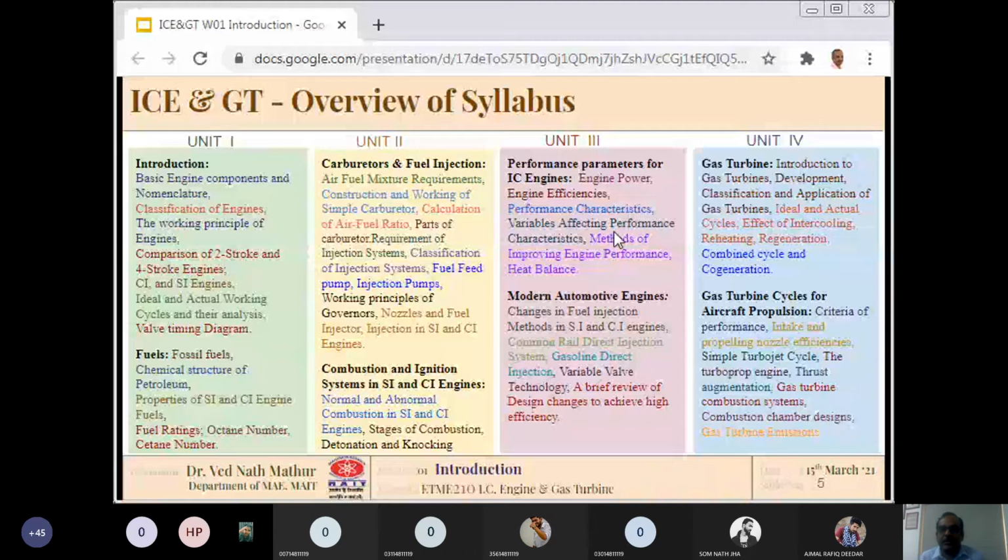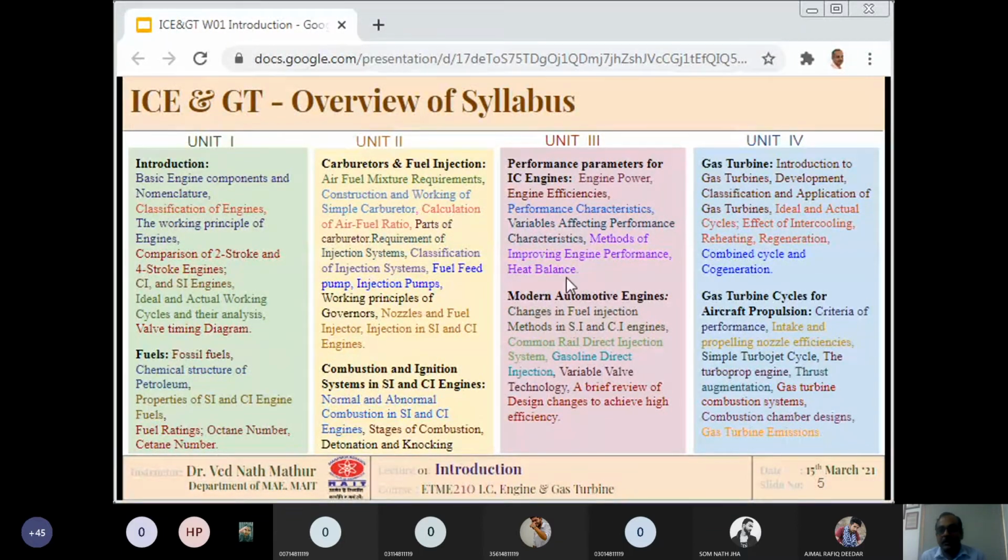We will draw some performance characteristics in the lab, and we'll also do an experiment on making a heat balance sheet: how much heat is supplied, what proportion is used for conversion to work, what proportion goes in the exhaust, and what proportion is lost or used by the cooling fluid. So we'll draw a balance sheet of heat, with numericals as well as practicals in the lab.